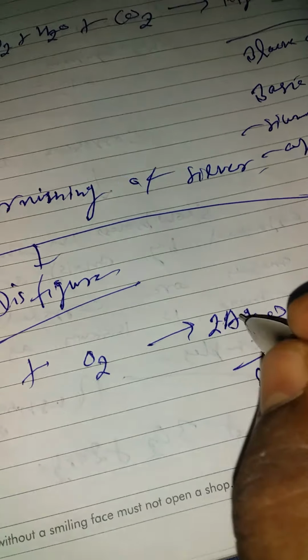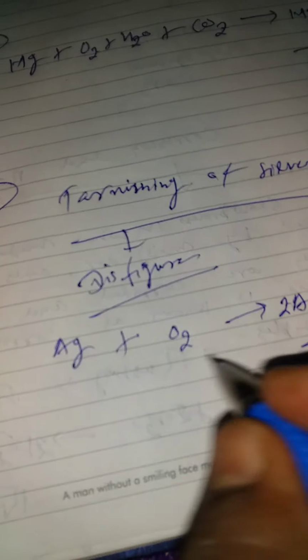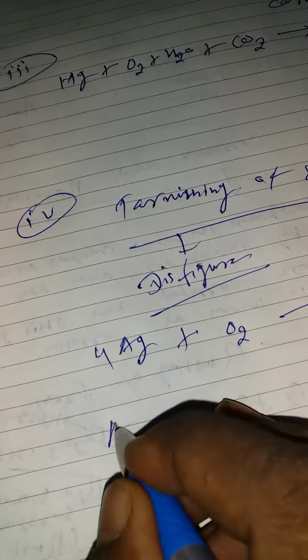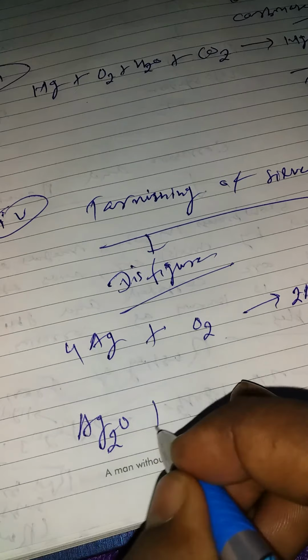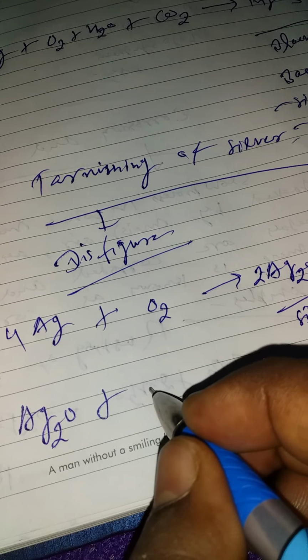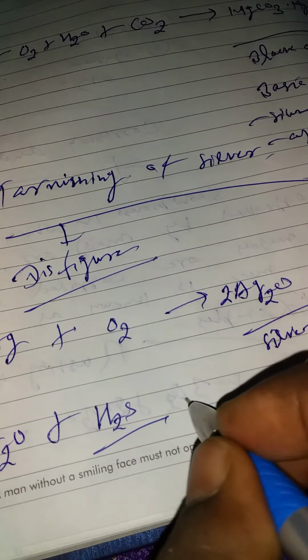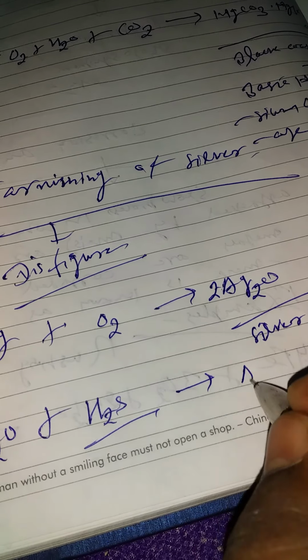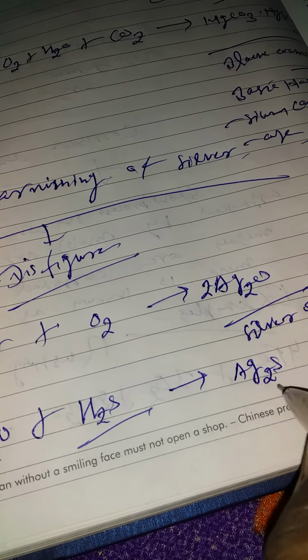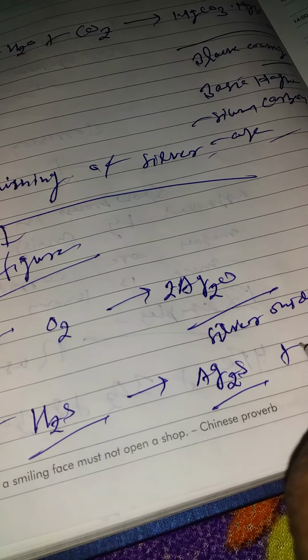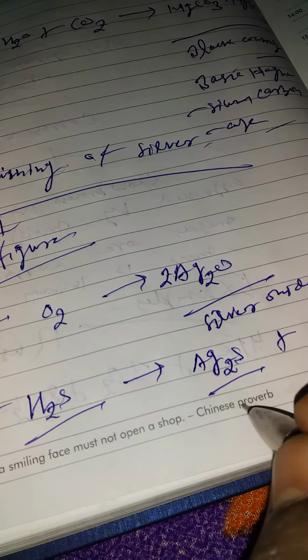After balancing, 4Ag plus O2. And this silver oxide reacts with hydrogen sulfide present in air to form silver sulfide plus H2O.